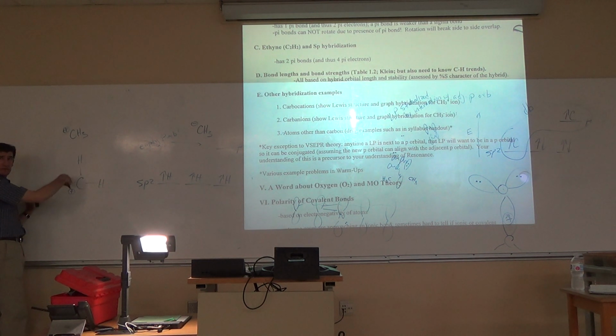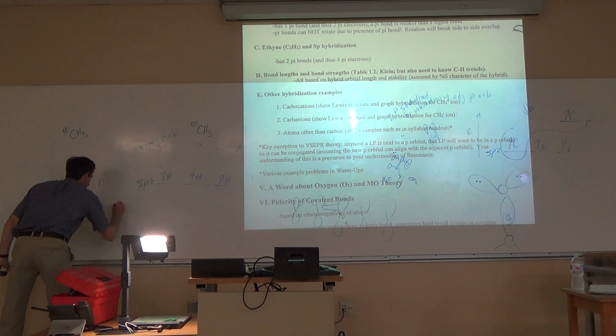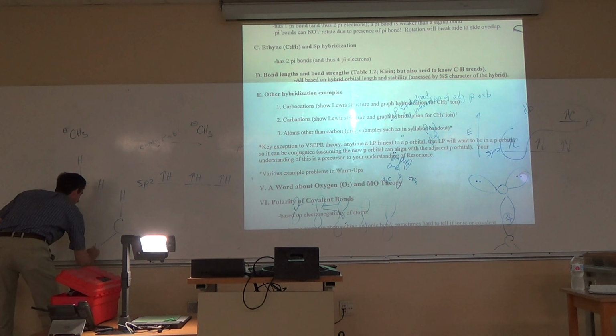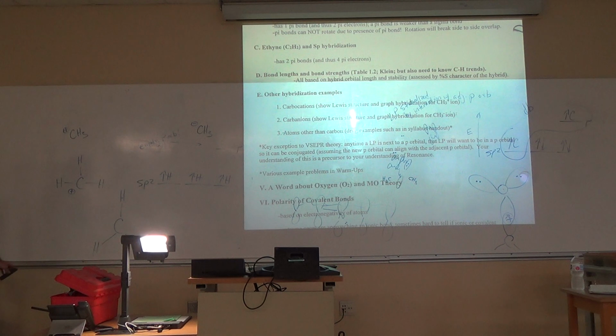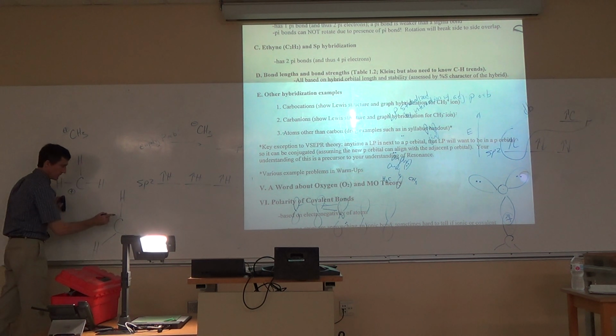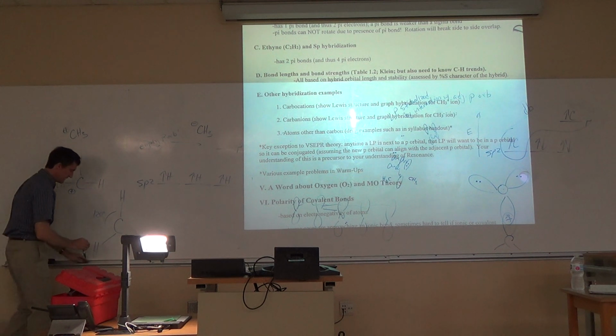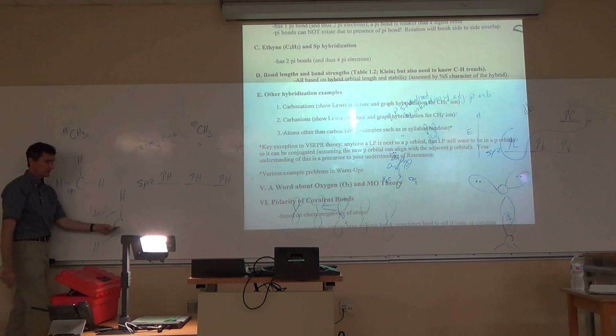Are my bond angles correct in my original drawing? What are the bond angles? Right, 120, all the way around. And then you got the p orbital coming perpendicular, half out, half back. But it's empty.